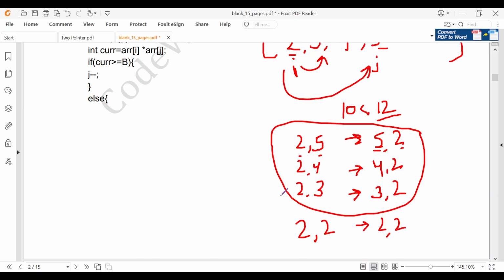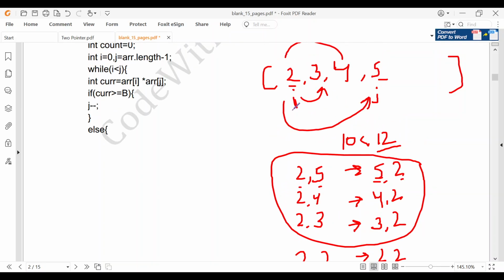So yes, what you need to do is that your valid pair count will be what? The length that you can calculate from 2 to 5, the total length, into 2, the total length, and then it should be multiplied by the 2, then minus 1.